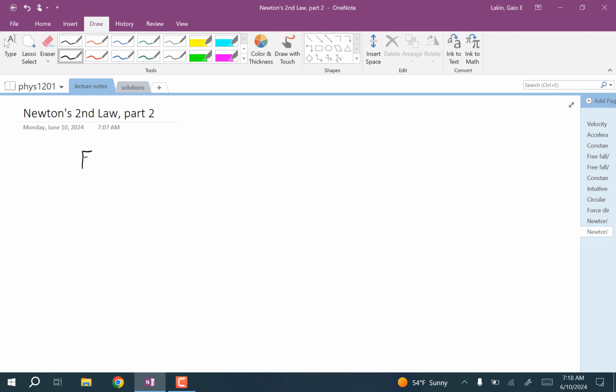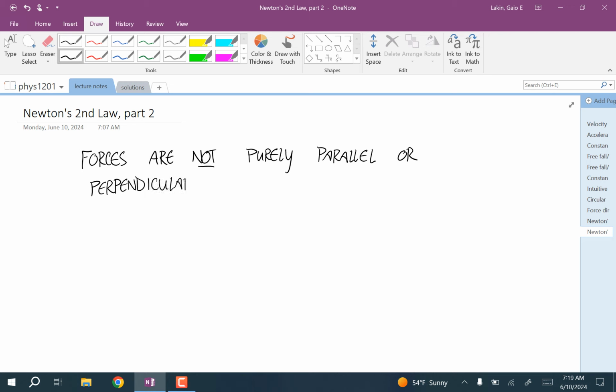This is when forces are not purely parallel or perpendicular to the line of motion.